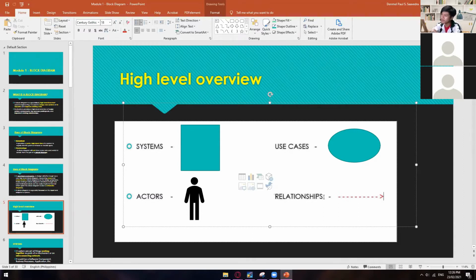But for now, let's just say that relationships connect one system to another system, or one component to another component. We have this format for relationships. We even have a solid line. We even have the opposite of this one, going from right to left. This one is left to right.